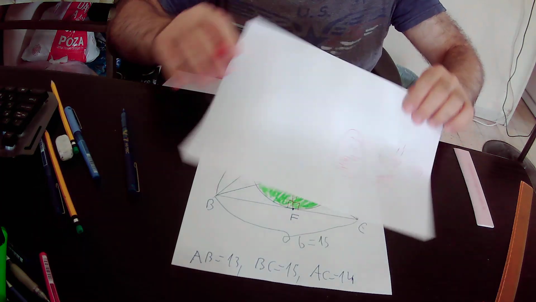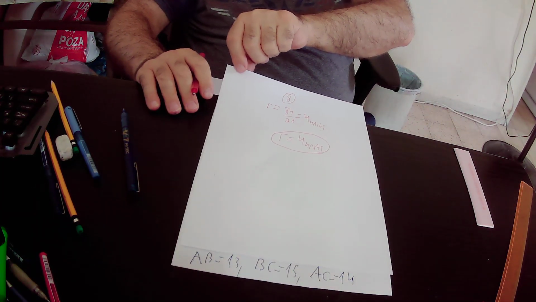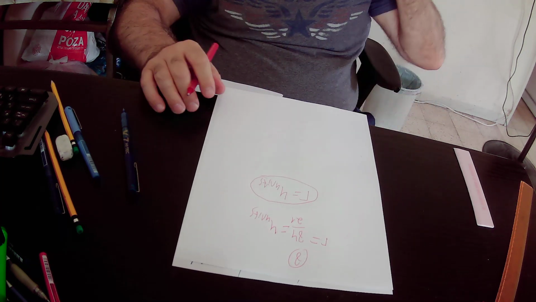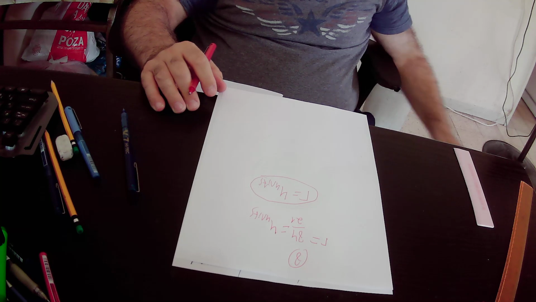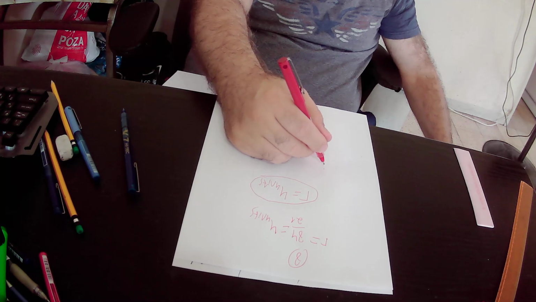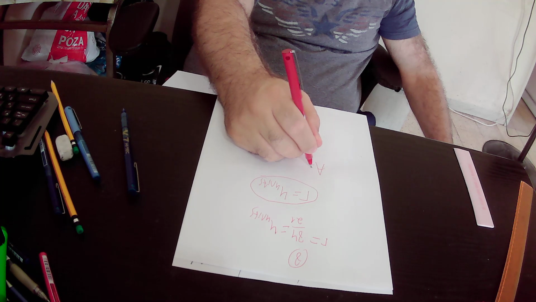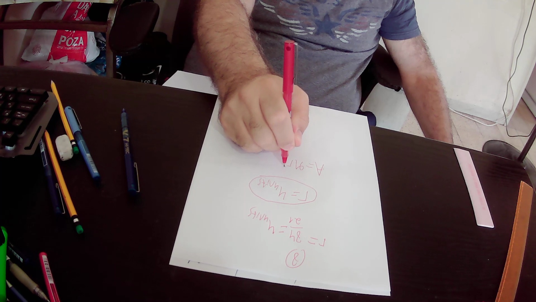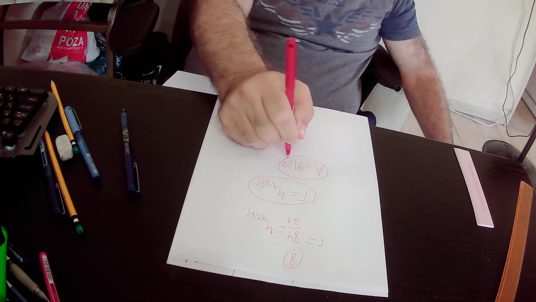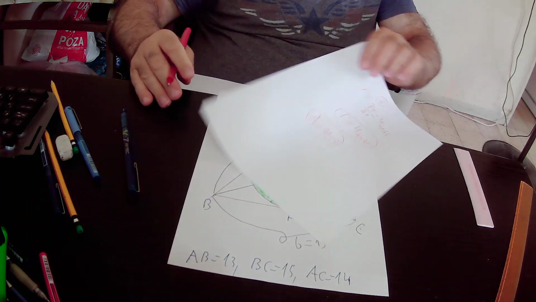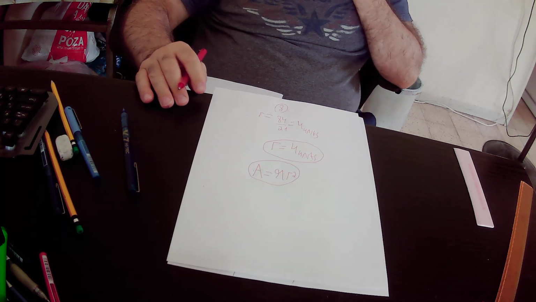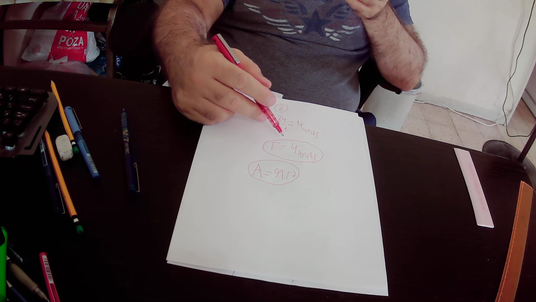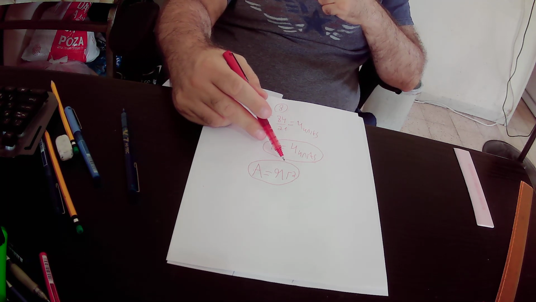The radius of the green circle equals 4 units, and the area of any circle equals pi times the radius of the circle squared. So the formula for the area of any circle is pi times r squared, and we have already found that the radius of the green circle equals 4 units, so we can substitute r by 4.